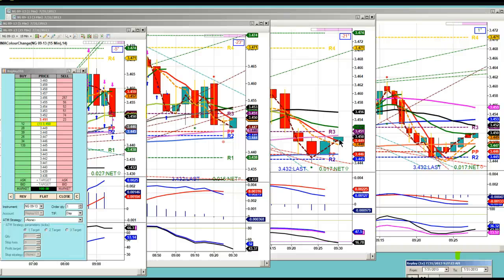Notice right now that the 3-minute candle is pushing north of the HMA. I'm not worried about the R3 pivot as much as I'm worried about other moving averages. In this scenario, the R3 is not a major concern because the market likes to push through the R3 and go to the R4.